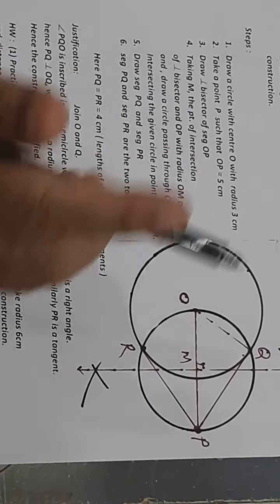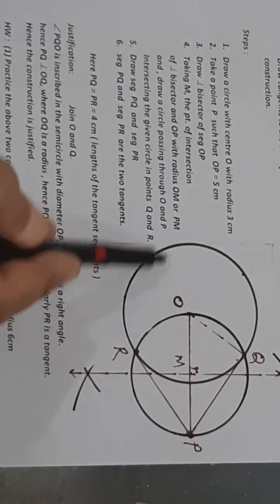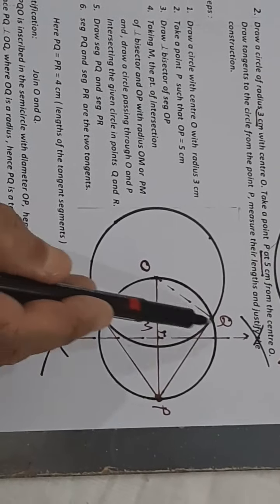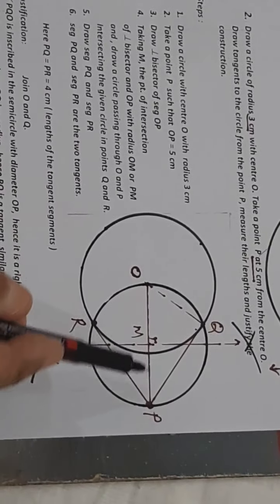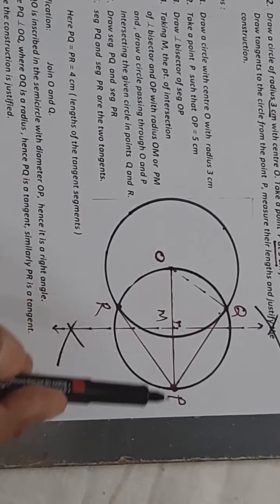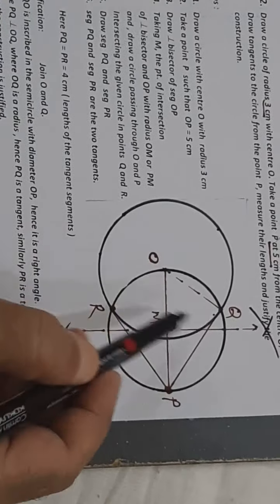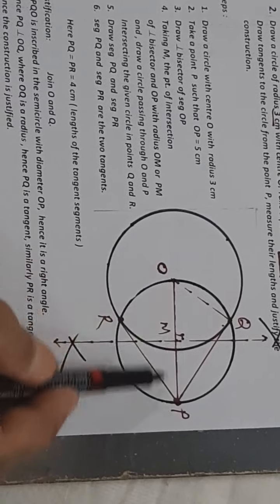OQ is the radius of the circle with center O, that is the original first circle. And we have to show that this angle OQP is a right angle. Now as I told you, angle inscribed in the semicircle is a right angle. See, this is the diameter OP, and the upper part is a semicircle and the lower part is also a semicircle. Diameter divides the circle into semicircles.